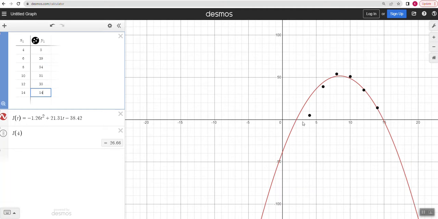So what you can see here is our data actually was pretty good, especially over here. On this side, it was a little bit more off, especially at our year 4 here. But it's not terrible. The actual data fits our model fairly well.